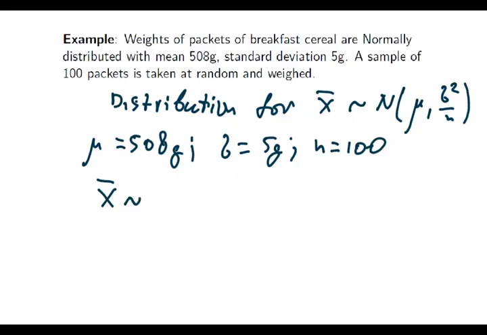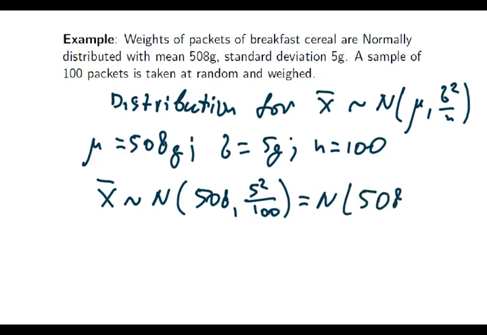Therefore x bar has normal distribution with mean value 508 and variance 5 squared divided by 100, which is finally normal distribution with mean value 508 and variance 0.25.